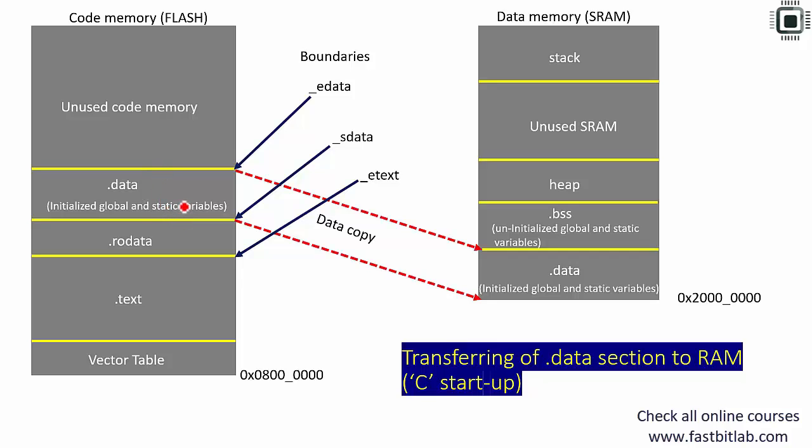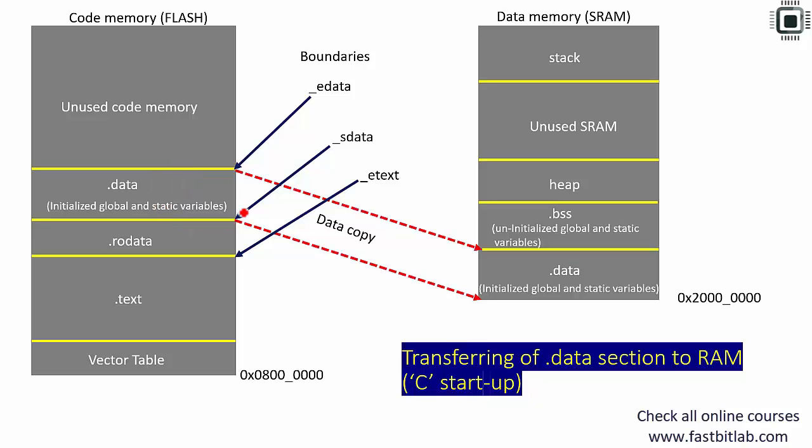If you know the beginning address, or the ending address of the RO data section, and if you know the ending address of dot data, then you can calculate the size. You can use this information in the C startup code to relocate the section. Otherwise, you can't do it, isn't it?